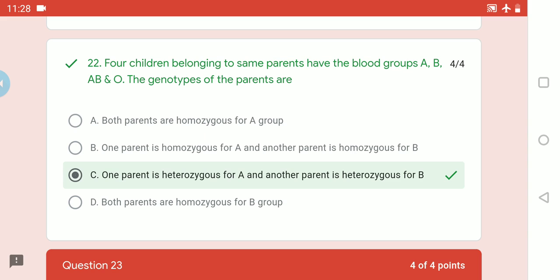One parent is heterozygous A and another parent is heterozygous B. Then you can identify all these 4 possibilities: there is an A blood group possibility, a B blood group possibility, AB and also O. Did you get it? This is how you can easily understand blood grouping. This is the best example for multiple allelism. Got it?